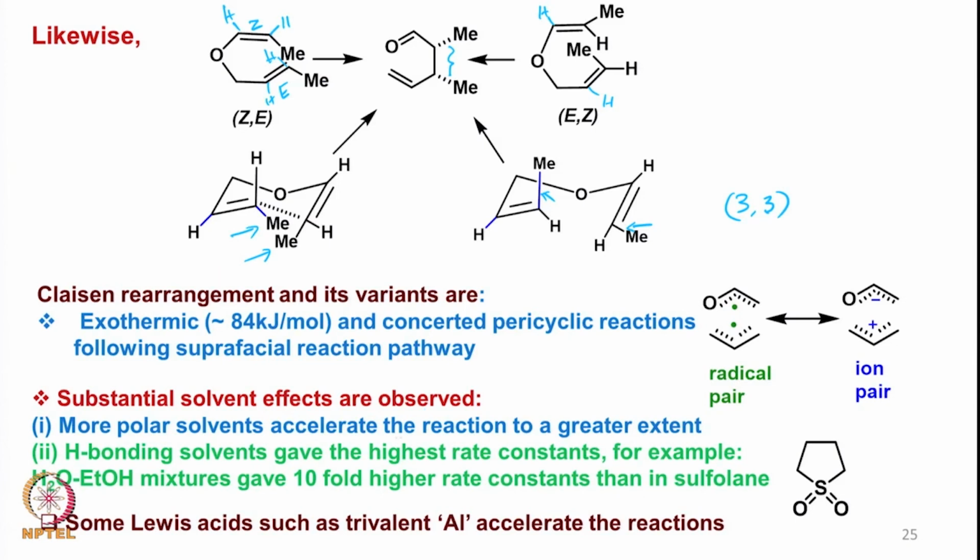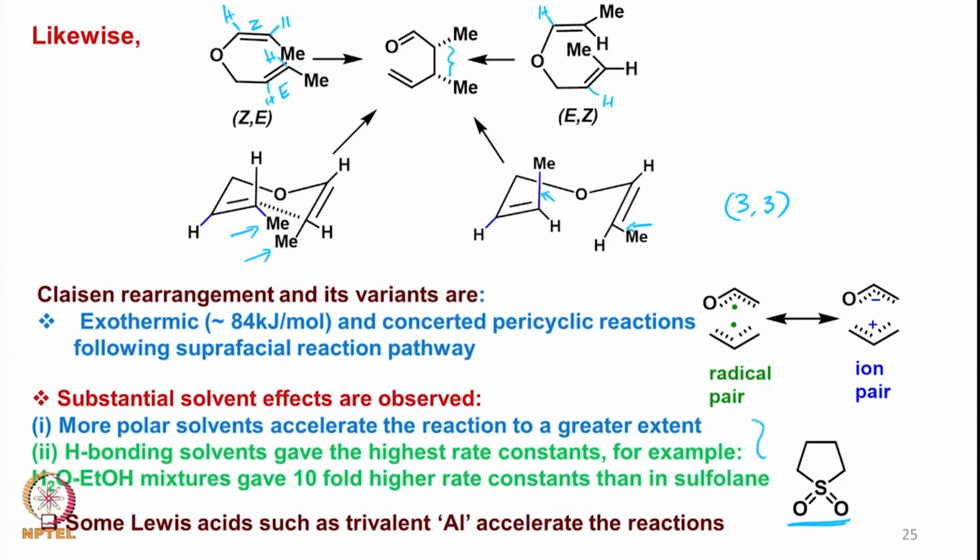More polar solvents accelerate the reaction to a greater extent. Hydrogen bonding solvents give the highest rate constant. For example, water ethanol mixture gives a 10-fold higher rate constant than in sulfolane. Sulfolane is this kind of non-polar solvent, and some Lewis acids such as trivalent aluminum accelerate the reaction.